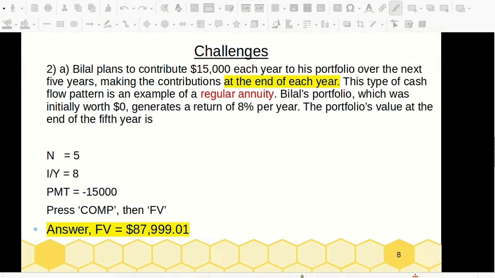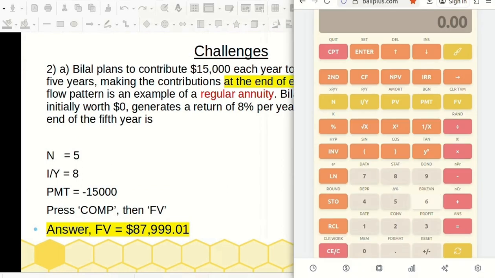Now, let's begin our calculations. So, 5 is your N. 8 is your I/Y. Minus 15,000. Why? Because it's a cash outflow.